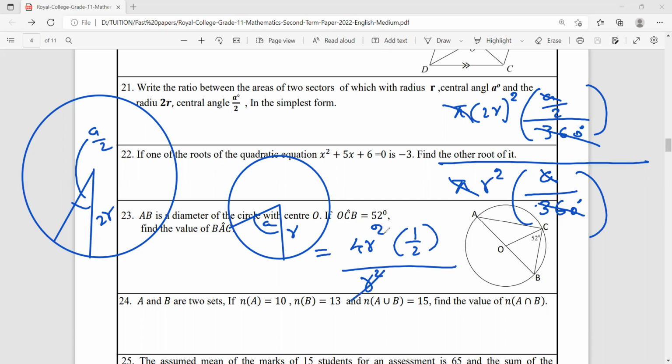You can cancel out r squared and 2 here, then you get 2. The simplest ratio is 2, right?